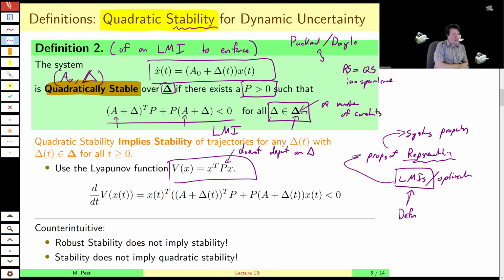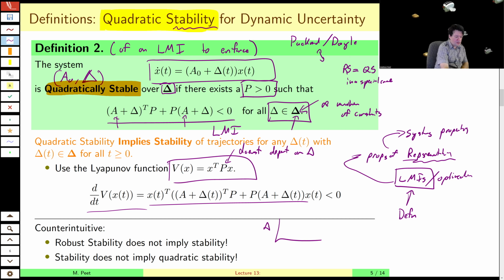And such that if we take the derivative of that Lyapunov function, unlike in the case of robust stability, that derivative will actually be negative, no matter what delta is doing, right? Even if it varies, delta goes all over the place, even if delta(t) looks like that.